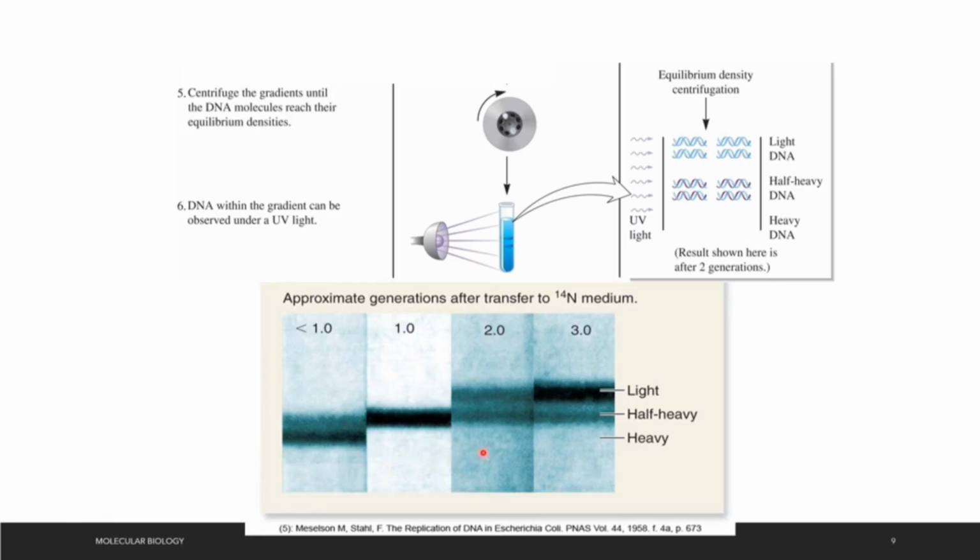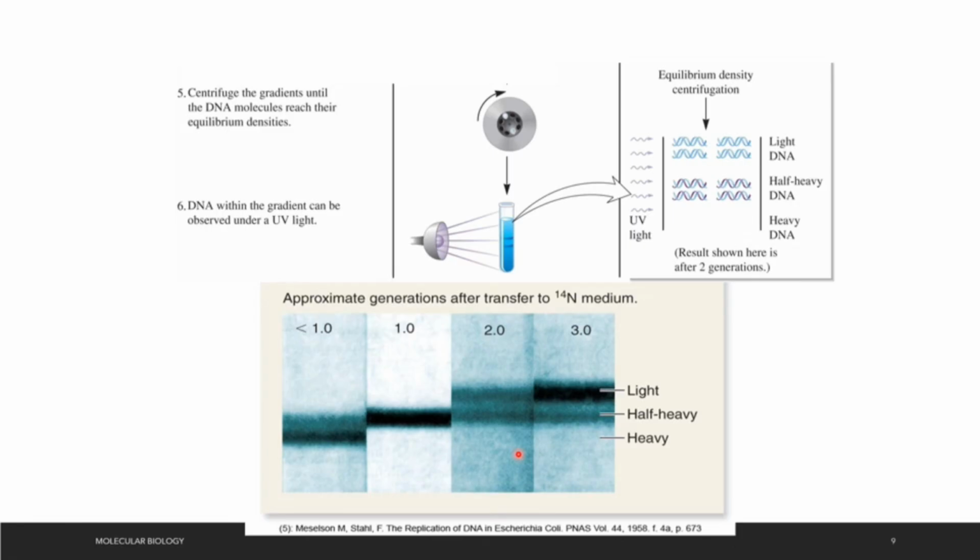Now moving on, after the second generation, you will have a population of DNA which are completely made of newly synthesized molecules. And you have another population of DNA which continue to be hybrids of 15N and 14N, a mixture of parental and daughter strands. So they will remain half heavy.